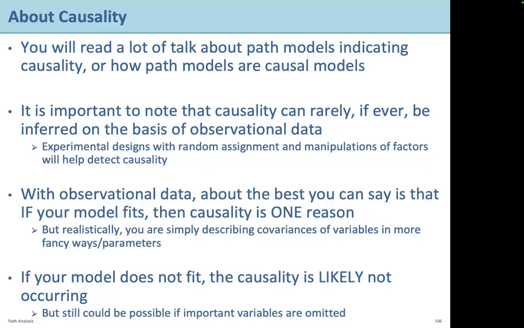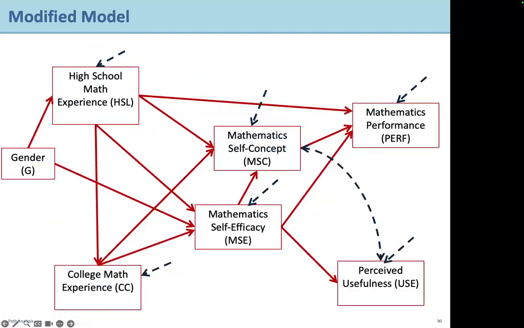So what I would say about the path models, and what I showed you today, is that the best you can say is that if your model fits, then causality is one reason for it. What do I mean by that? As I mentioned, this right here is implying you're sketching this as if you knew what causal was, right?